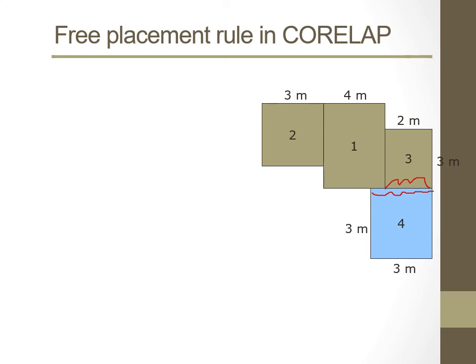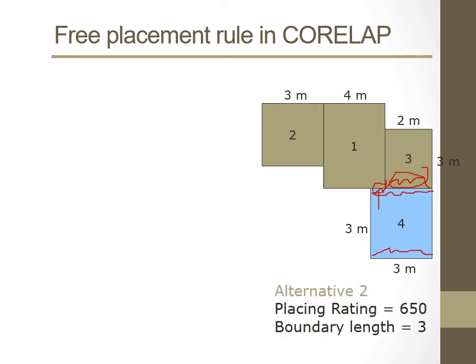Then, since the total length of this department 4 is 3 meters, the remaining length here is 1 meter. So 2 meters plus 1 meter here makes 3 meters. So the placing rating for this alternative is 650 and boundary length is 3.